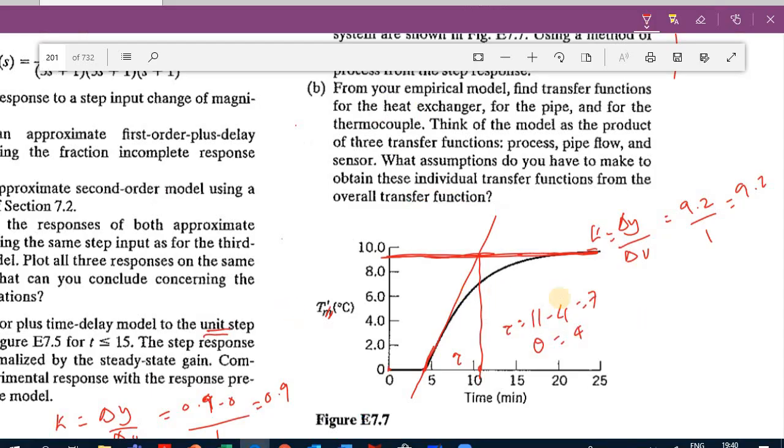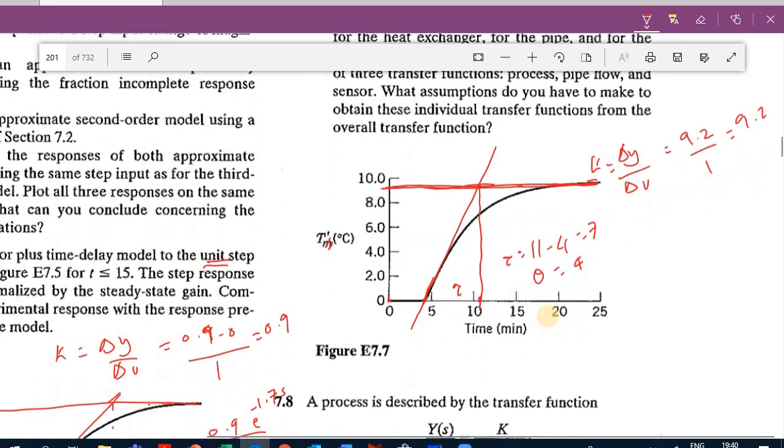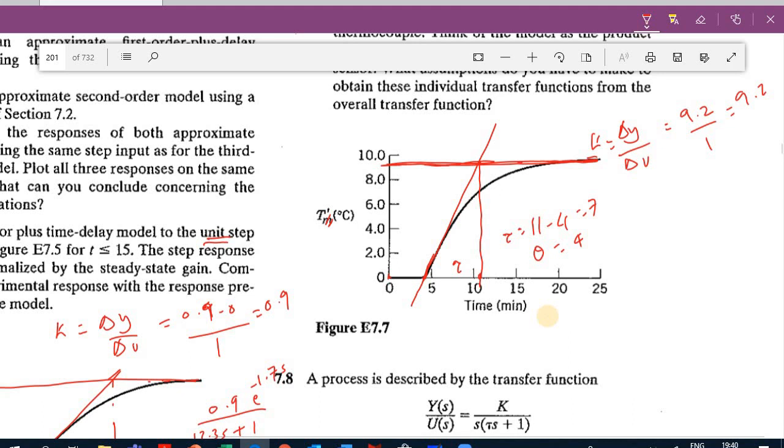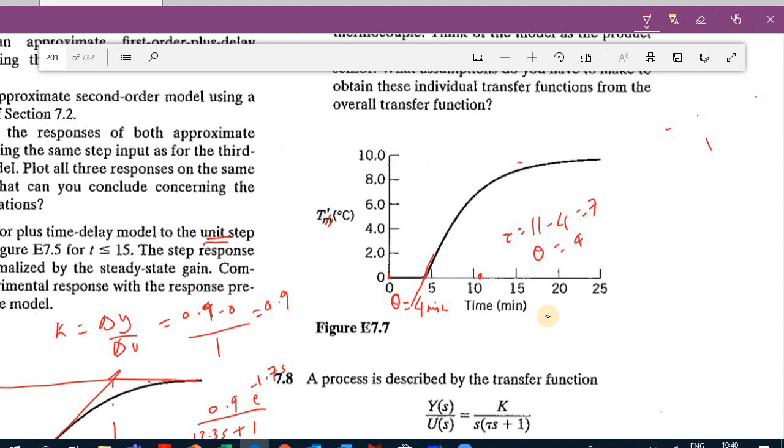The thing you need to consider when you find the values of T20 and T60 is not to be confused by the time delay, because the time delay could be very tricky in this regard. So the theta here, which is the time delay, is 4 minutes, right? So I have theta equal to 4 minutes.